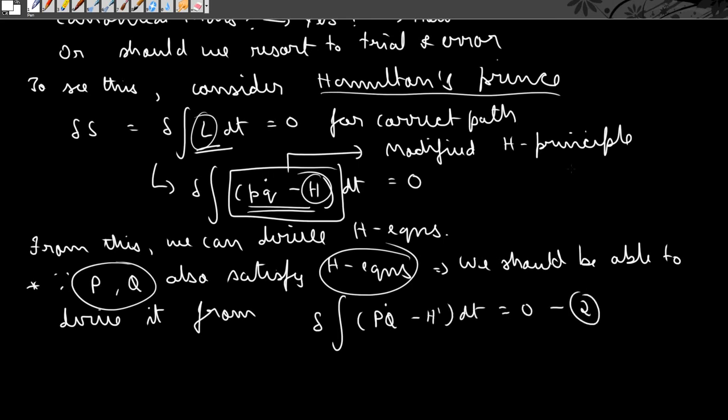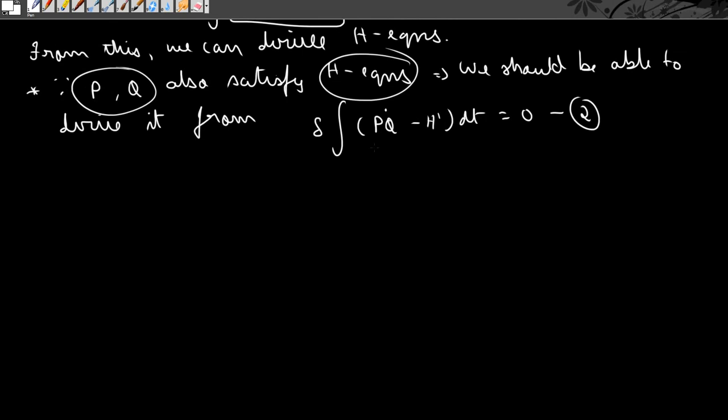I am going to call this equation 2 and the earlier one equation 1. This is nothing but the modified Hamilton's principle in terms of the canonically transformed coordinates and momenta, and of course the new Hamiltonian.